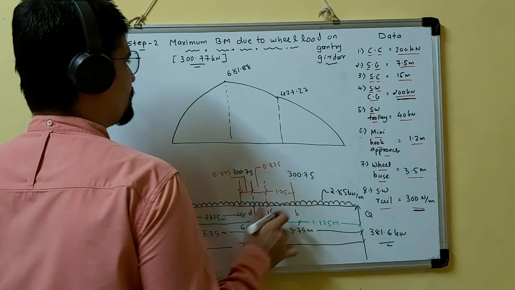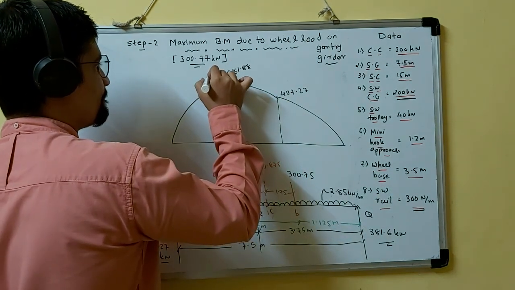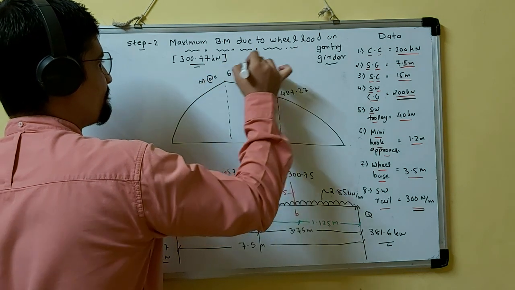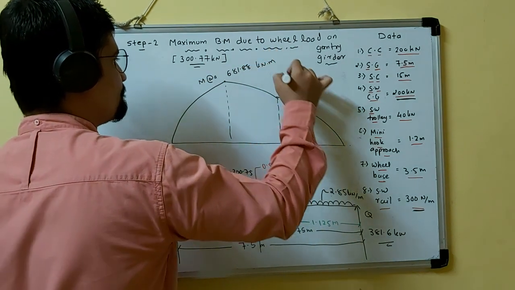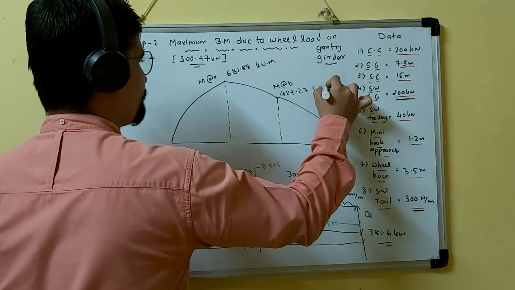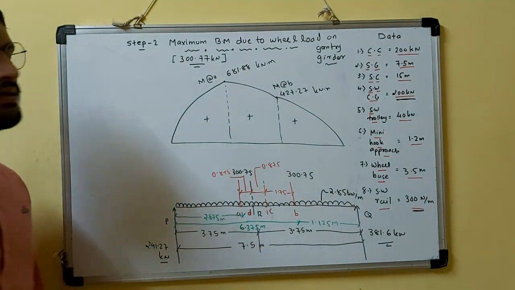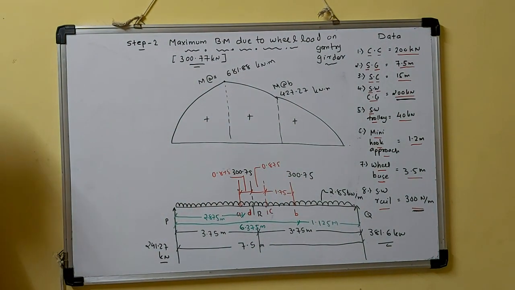So this is our maximum bending moment due to moment at A, moment at B. I hope you also understand the second point.